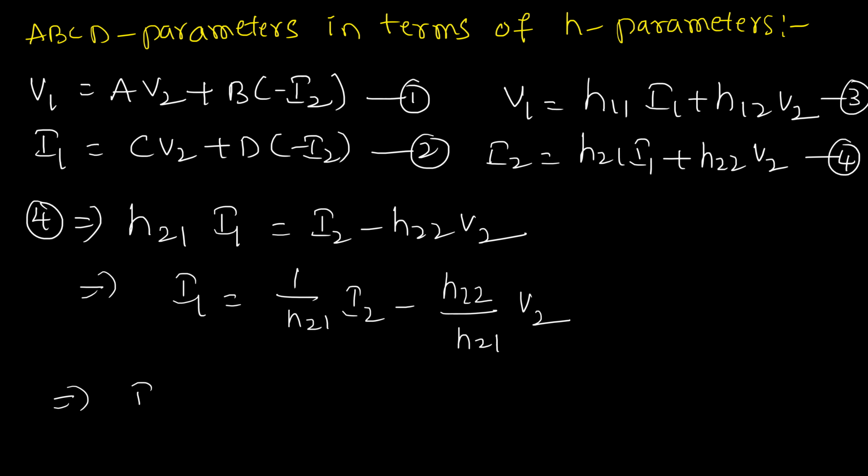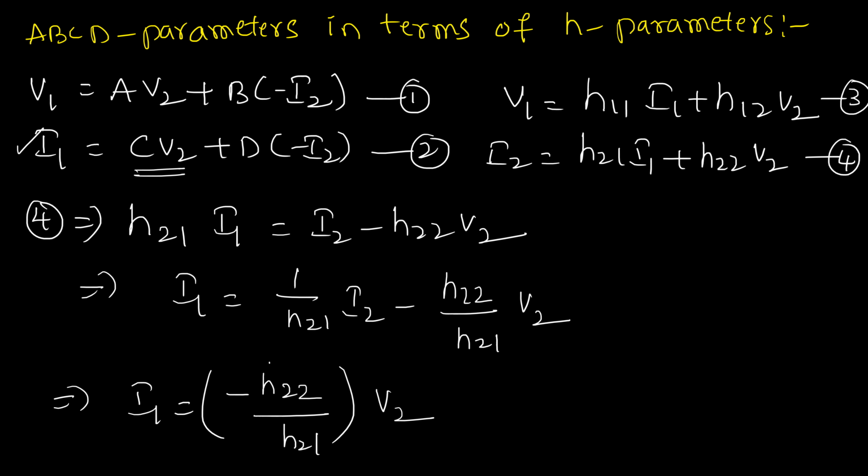Okay, so I1 equal to, you see, I1. So what is the standard equation for I1 in terms of ABCD? It is C V2. So you need the V2 term first. So you write the V2 coefficient first: H22 by H21, keep it in bracket, V2. So this portion is nothing but our C. Plus, okay, so you need minus I2, right?